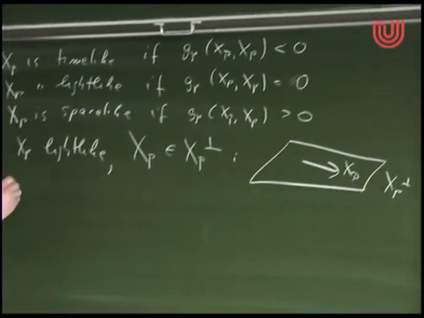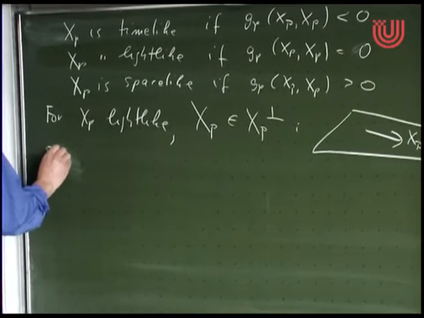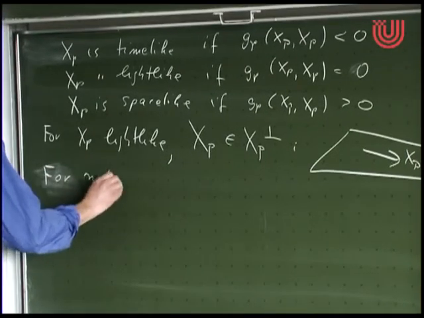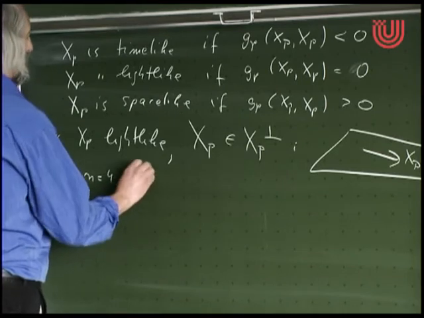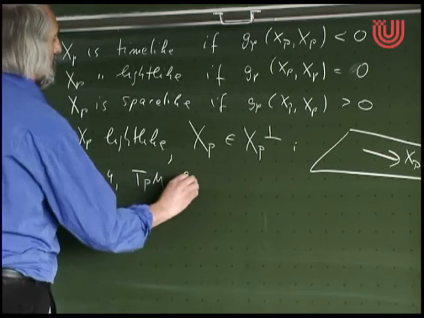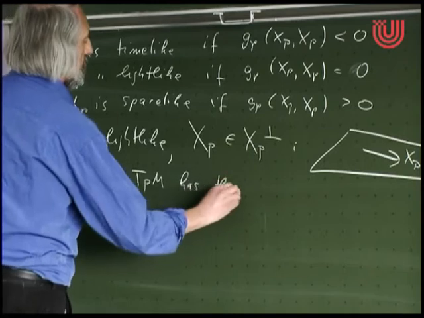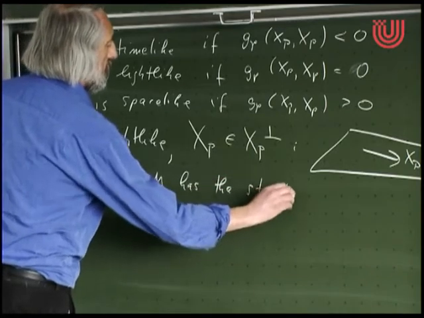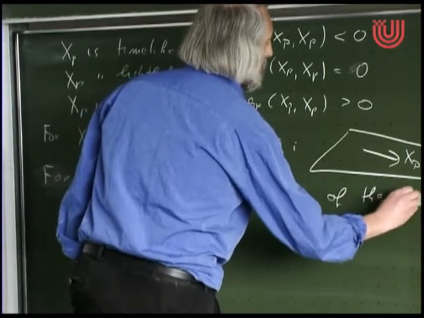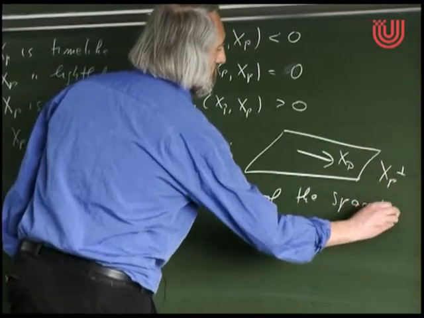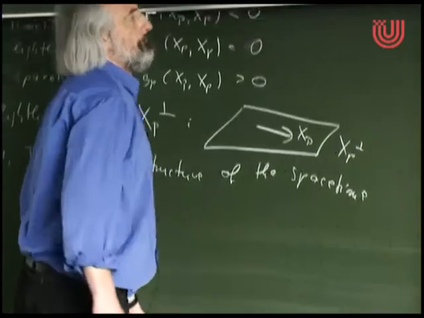So let me write this remark here. For n equal 4, T_pM has then the structure of the space-time of special relativity.